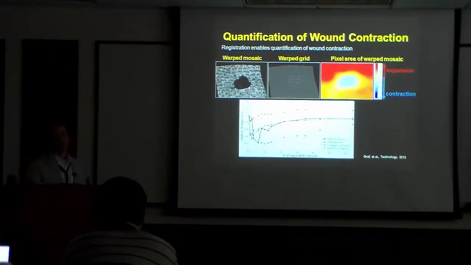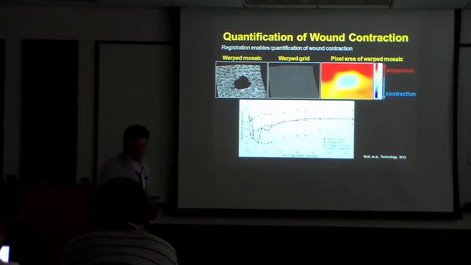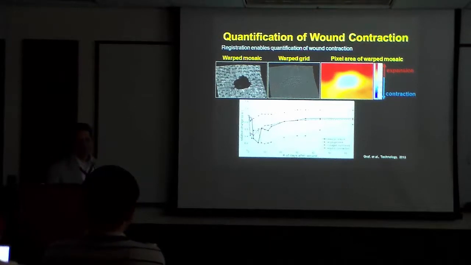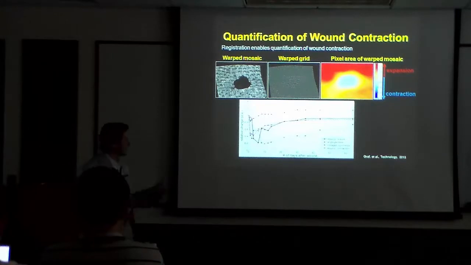Yes? Have you tried to increase the punch size so you can see the reduced healing and then how actually it influences the angiogenesis? Yeah, we have looked at different punch biopsy sizes, up to even maybe 3 to 5 millimeters, and we do see very different events with each of those.